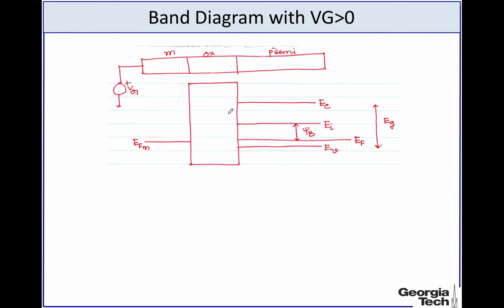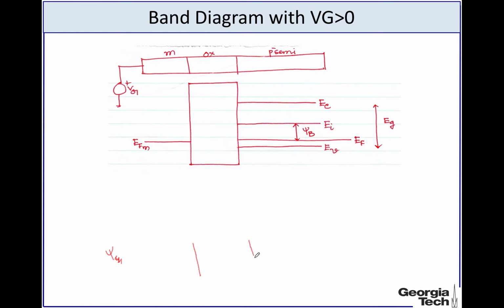So now on this plot we will also overlay the band diagram for a value of Vg that is larger than 0, and for that we need to first plot psi, the electrostatic potential across this MOS system.